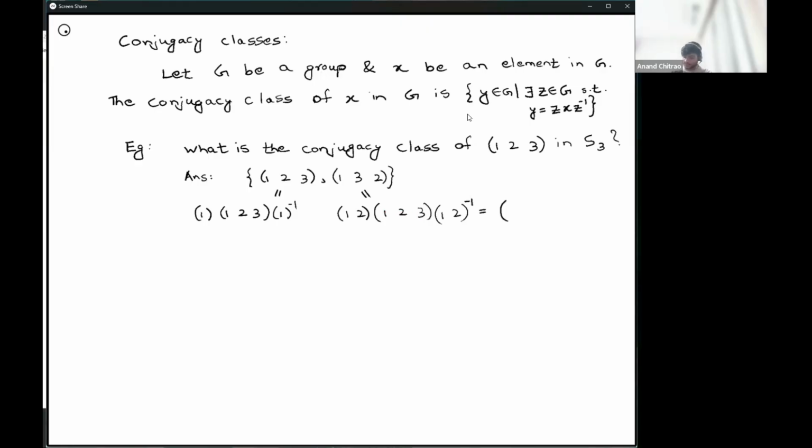Instead of 1, I write this function applied to 1, which is 2. Instead of 2, I write this function applied to 2, which is 1, and 3. But this is the same as (1 3 2).